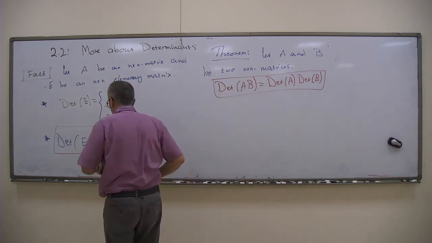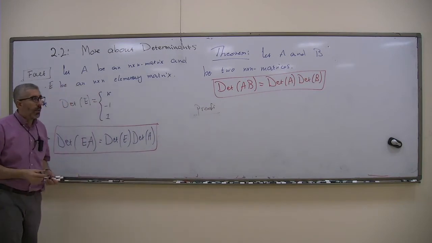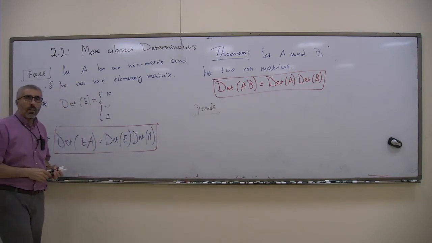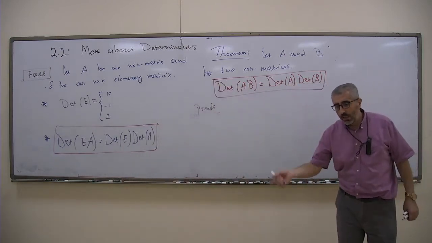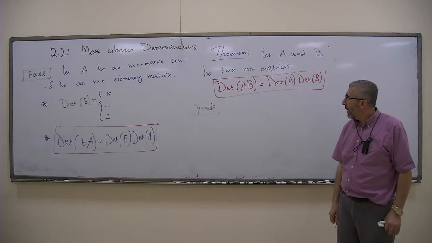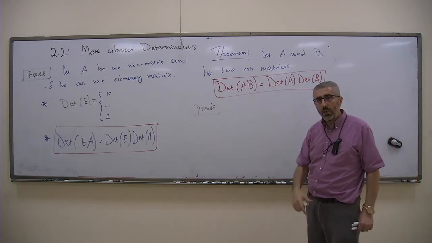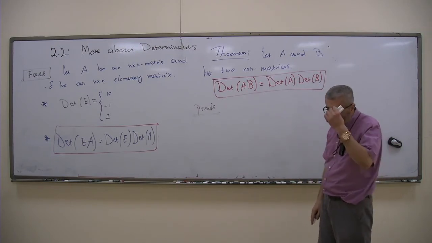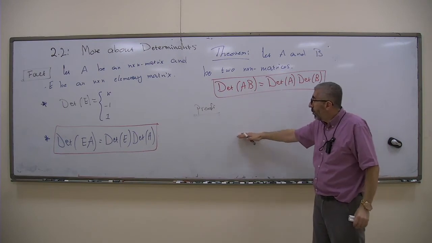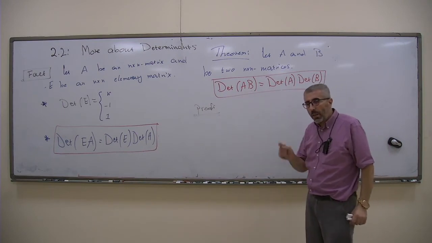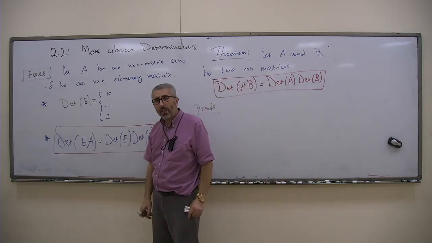Why is that? All you need is just to think about what we did before when we did elementary row operations. Think about taking A and you do elementary row operations. Okay? So when you trace the elementary row operations, the effect of each one is going to be like multiplying by an elementary matrix, correct?